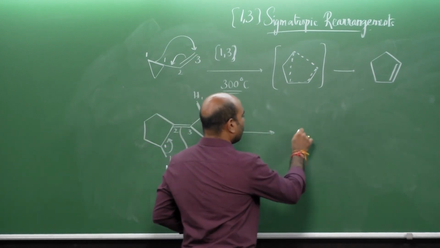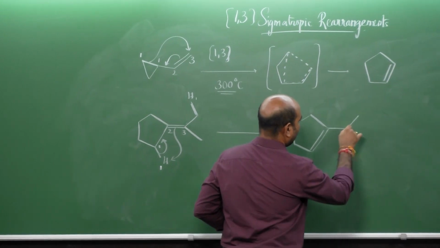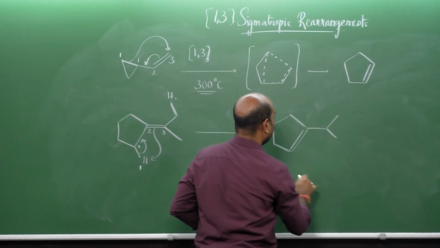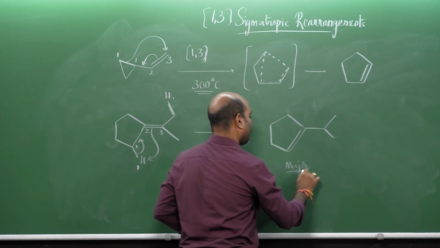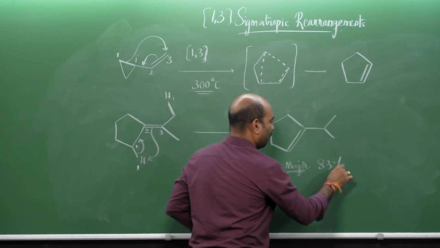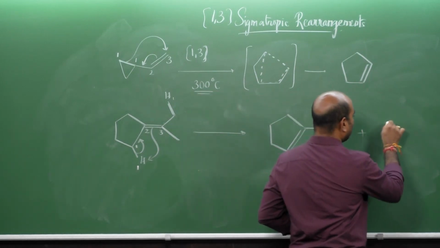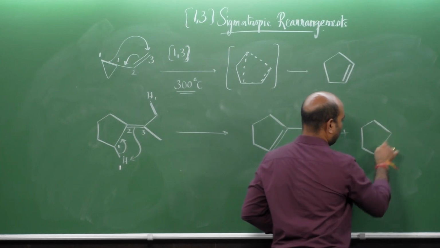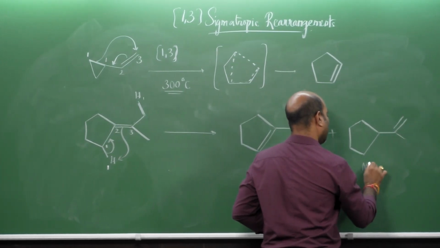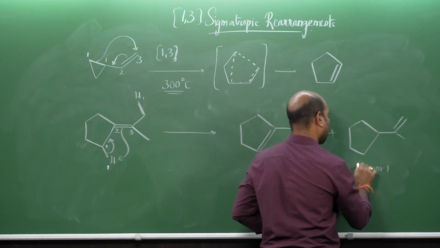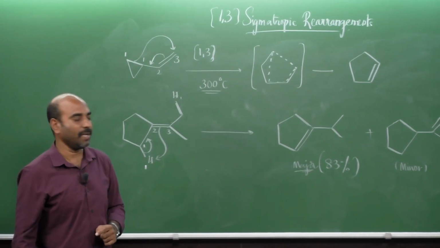So, if you look into the product, this is the major product constituting about 83%. So, the other option, this is the minor product. Okay.